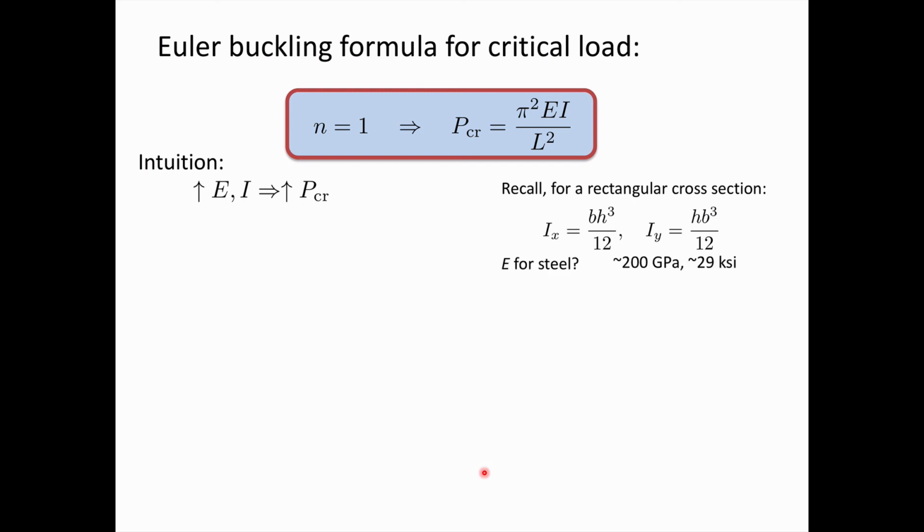The modulus of elasticity for steel is actually pretty consistent across alloys. And so a design impact of that is, well, if we happen to already be using steel, it's not really going to help us to change alloys if buckling is a dominant failure mode.